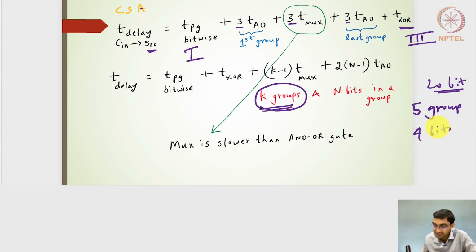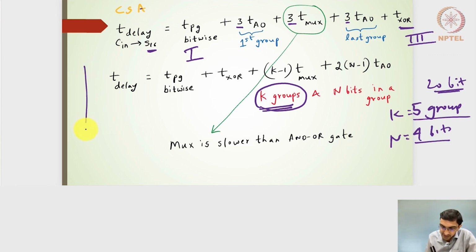So not really asymmetric, but 5 groups with 4 bits each. So k is 5 here and n is equal to 4. So then this could be represented as k minus 1 multiplexer delays plus this T_AO, and this T_AO will make it 2 times n minus 1 T_AO, right? So 4 bits, 4 minus 1, 3 into 2, and then the number of groups will be k groups, right?